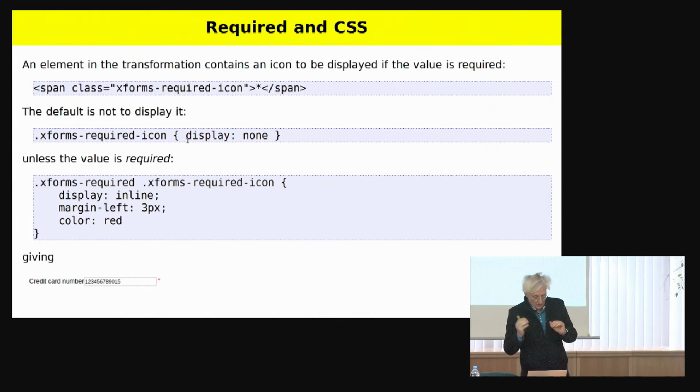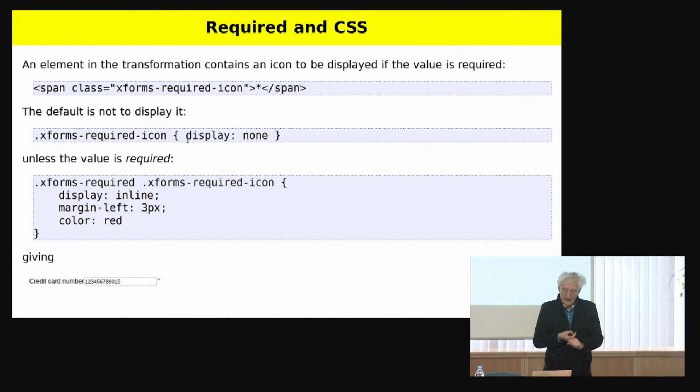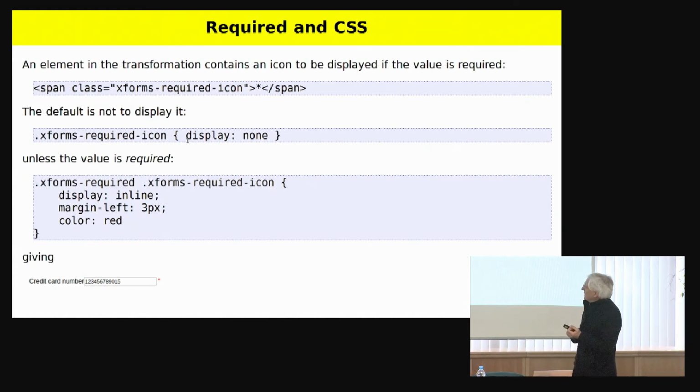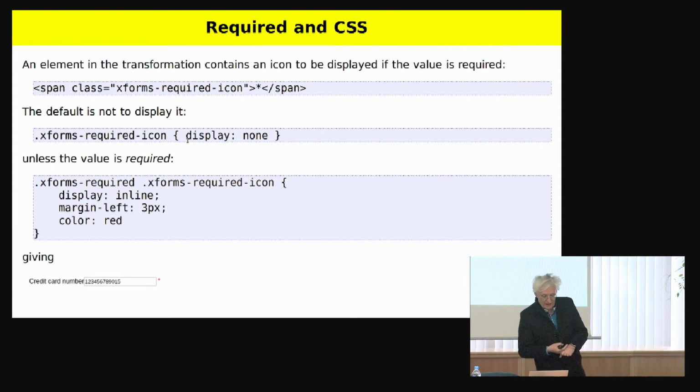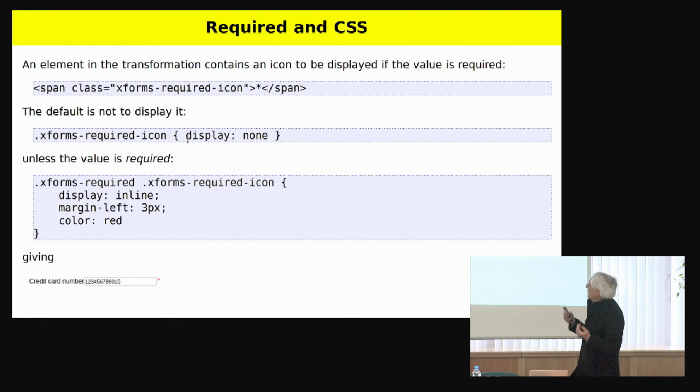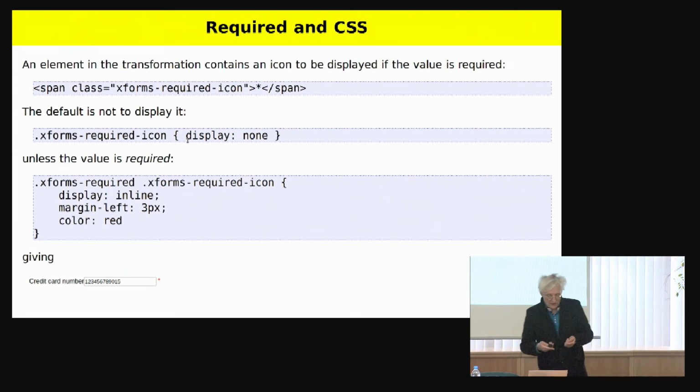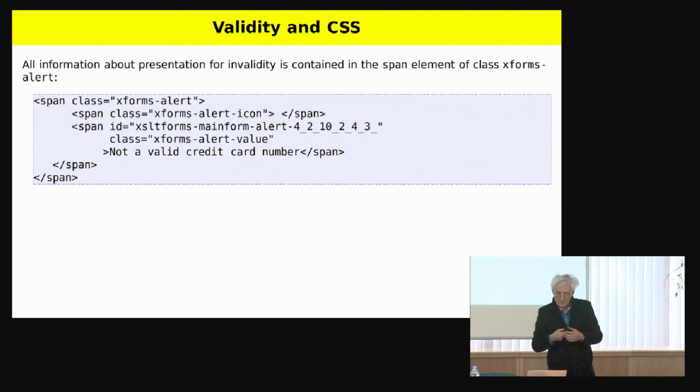It contains what it calls the required icon, which is an asterisk. So the default is obviously not to display it, display none, but if the control has XForms required on it, then that required icon gets displayed inline, margin left, color red, and so on. And so in that case, you get this control here, with an asterisk after it.